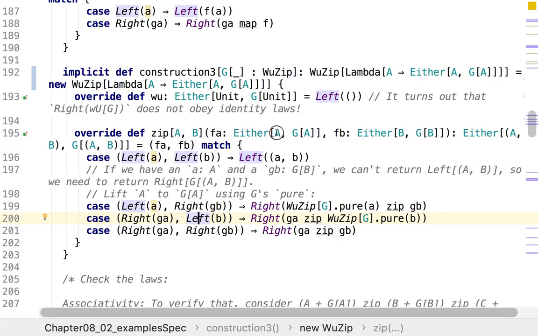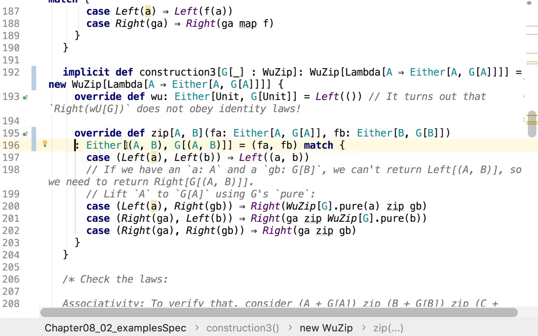If both are on the left, then we have a value of type A and a value of type B. What can we return? Well, we need to return a value of this type. So we could return a left of A B, like this, or we also could return a right of G of A B, where we could easily lift the pair A B into the functor G by using the pure method of the functor G. You can very easily just lift.